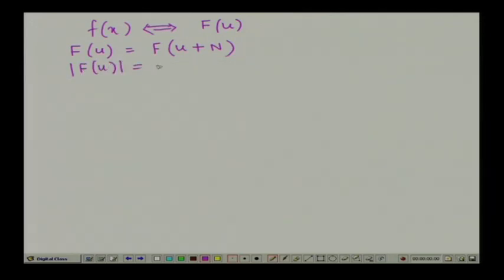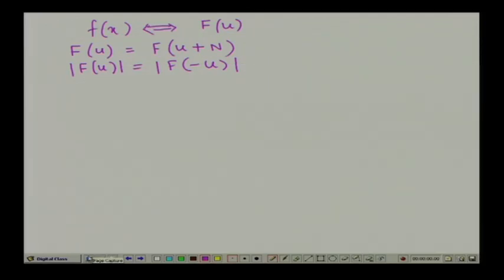So, if we have a one dimensional signal f(x), whose Fourier transform is given by capital F(u), then the periodicity property says that F(u) is equal to F(u plus capital N), and also the Fourier spectrum |F(u)| is the same as |F(-u)|. So, F(u) has a period of length capital N, and because the spectrum is the same as |F(-u)|, the magnitude of the Fourier transform is centered at the origin.